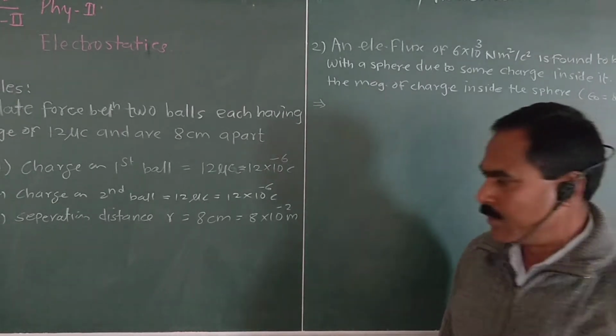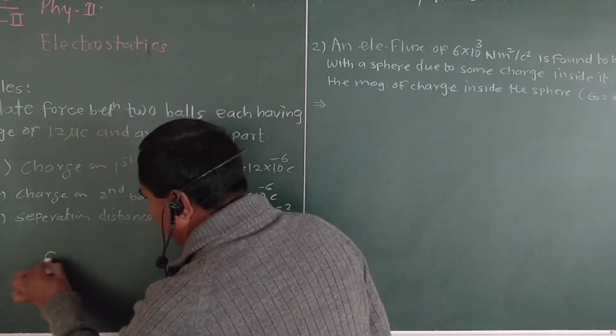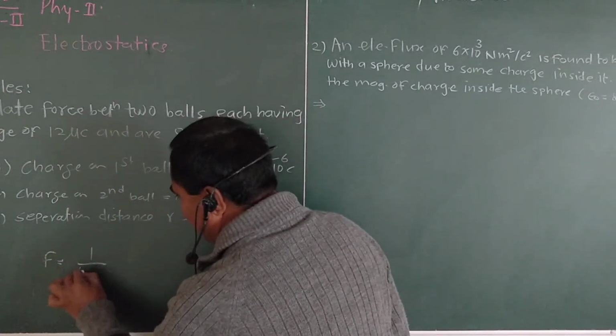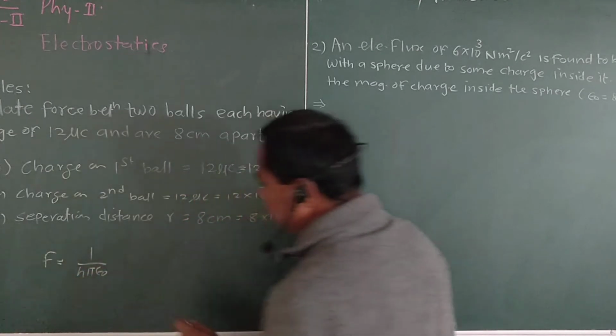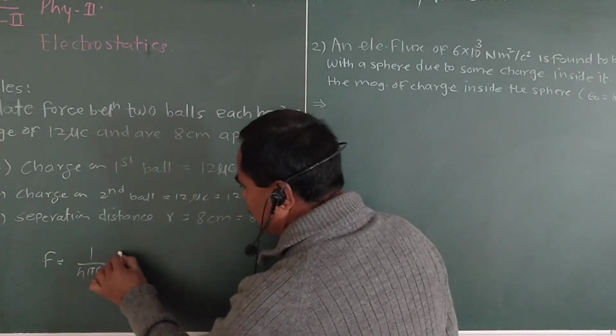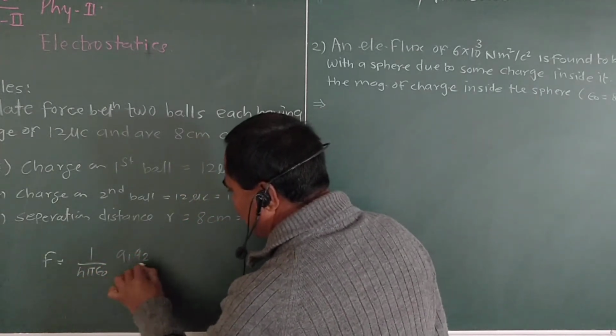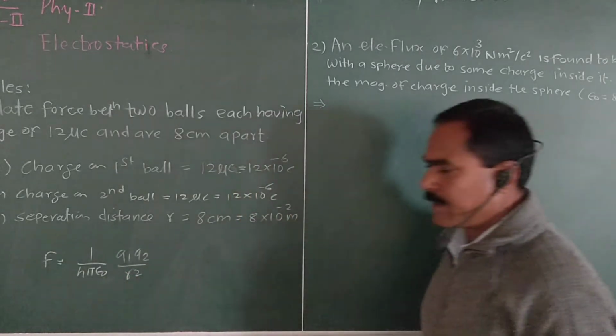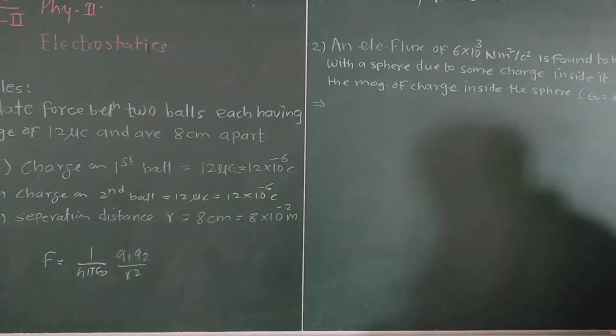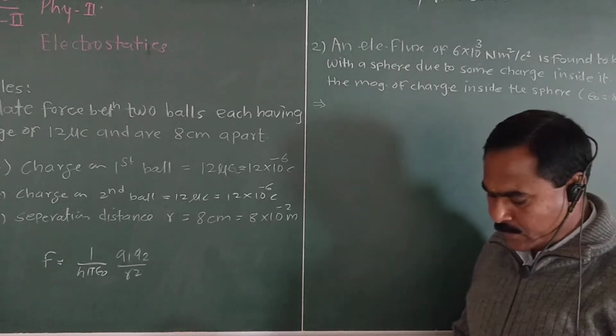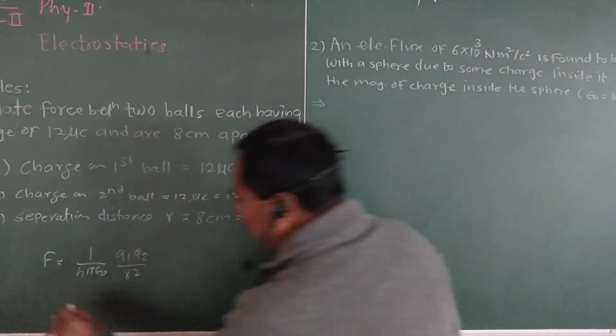Okay, then we write the formula of force according to Coulomb's law, and this force we take in magnitude. Therefore F equal to 1 by 4 pi epsilon naught Q1 Q2 upon R square. This is the force in magnitude. Therefore we substitute the values.